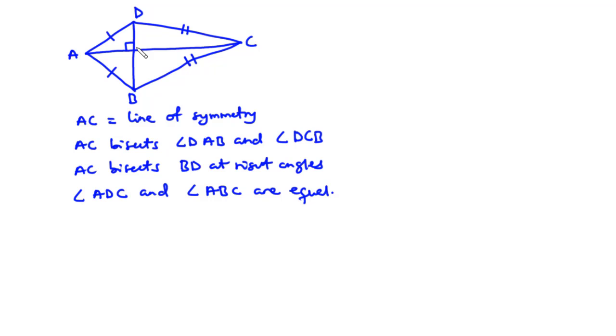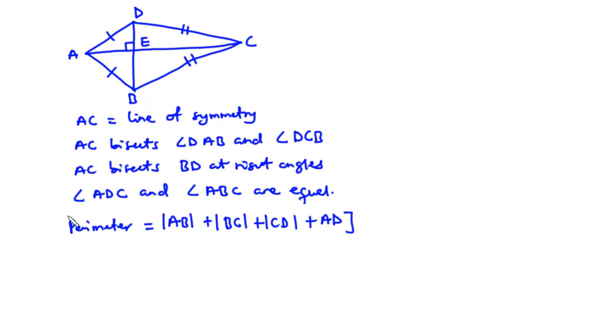Now the perimeter of a kite is given by the sum of the lengths of all the 4 sides. So that is the side AB plus BC plus CD plus AD.